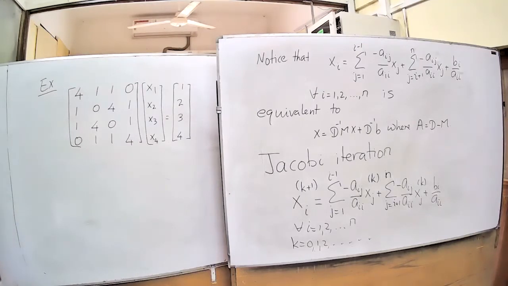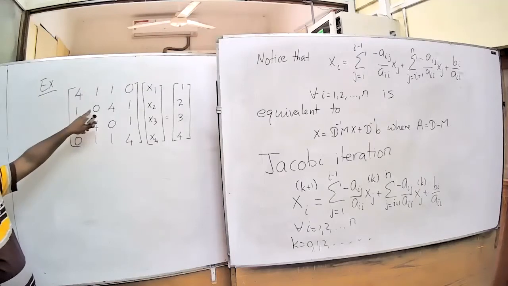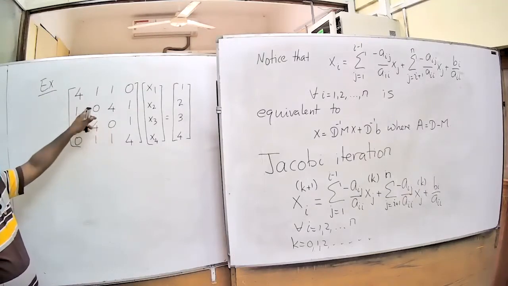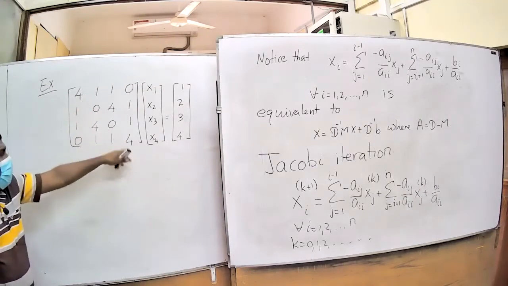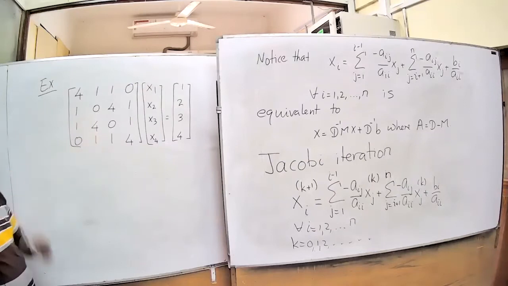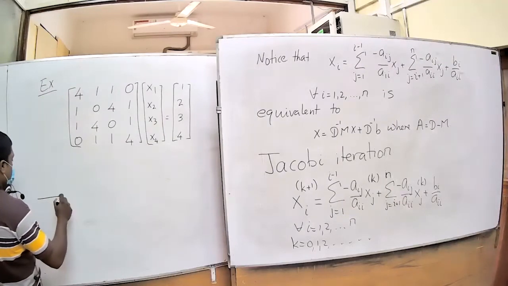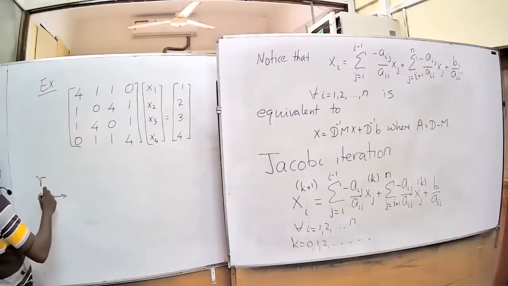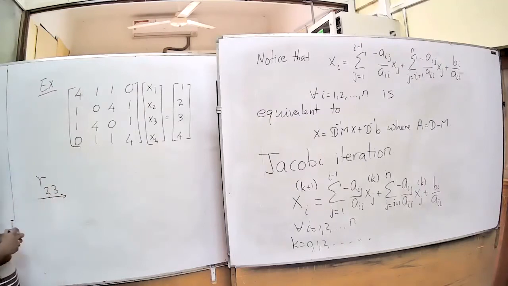The first thing you have to make sure is you have non-zero terms on the diagonal. So here 4, 4, fine. But here the diagonal is 0. Here also the diagonal is 0. So the first step is you have to interchange the second and third rows.